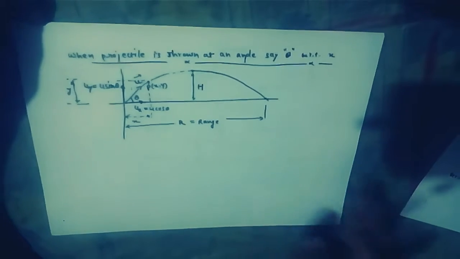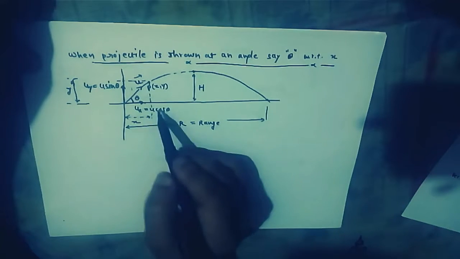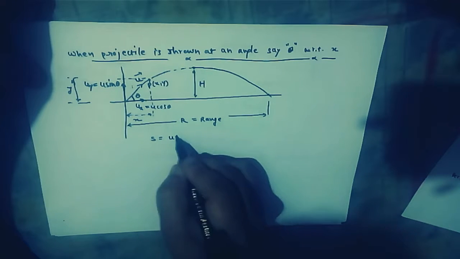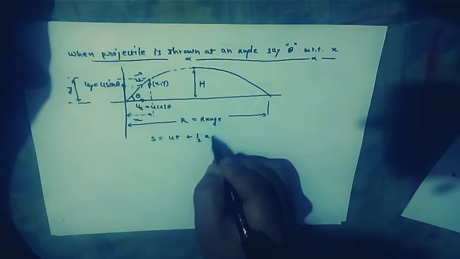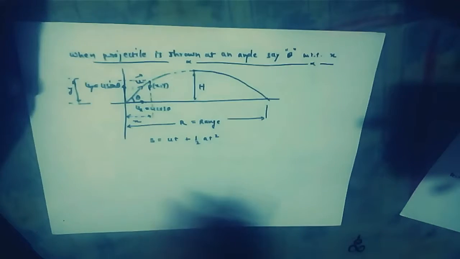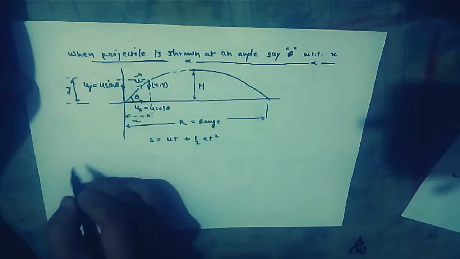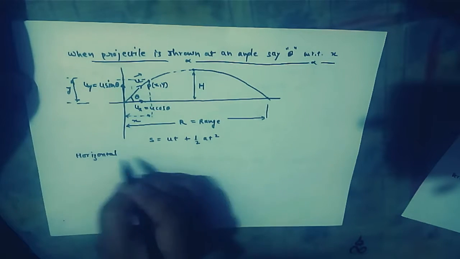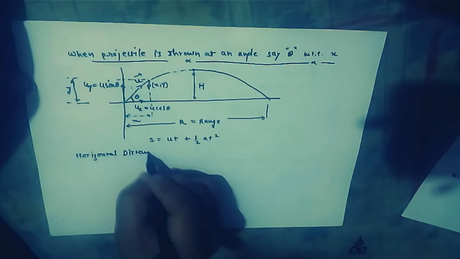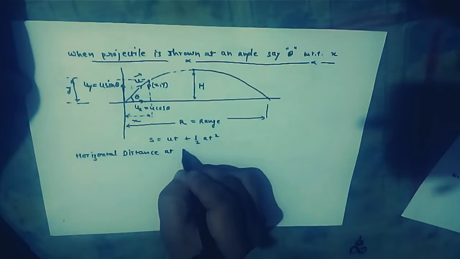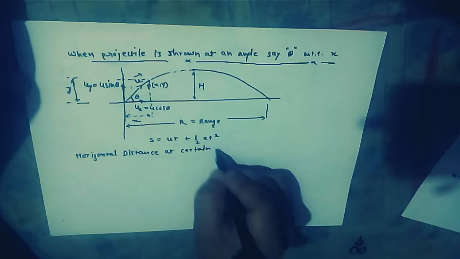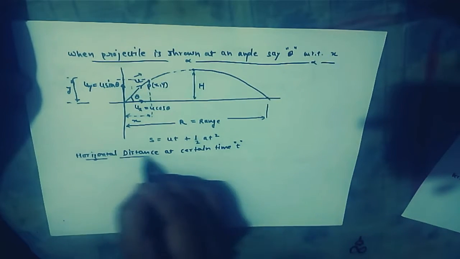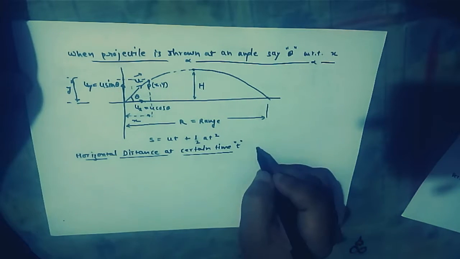Suppose at point P, what is the distance? We know s is equal to ut plus half at square. So what is the horizontal distance x here? At a certain time t, suppose the horizontal distance is x.